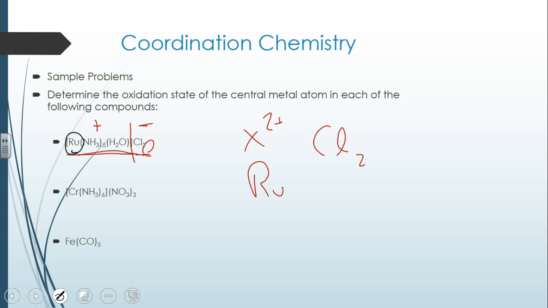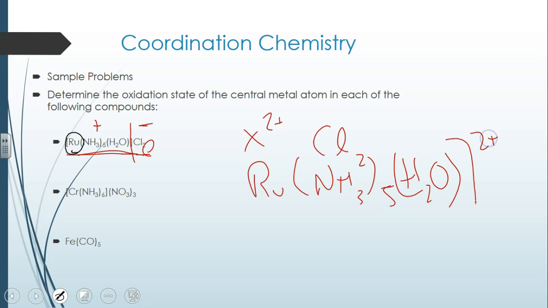So Ru(NH3)5H2O must be a 2+ ion. And we almost always surround a complex ion with square brackets.